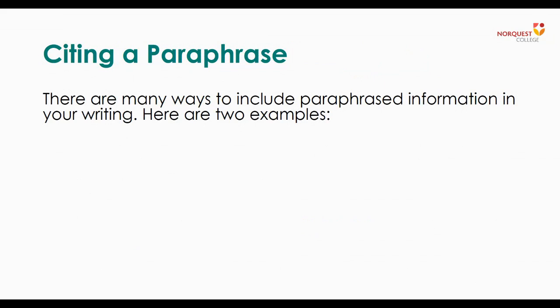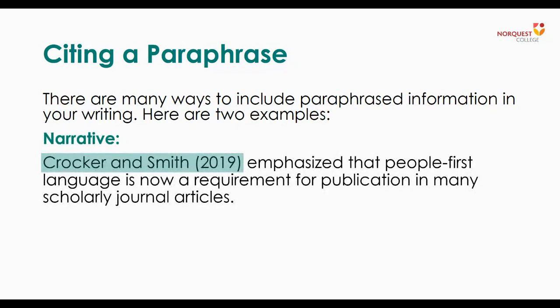As for how you can include that author and date information, you have some flexibility in terms of how you want to put those author names and the date into your paraphrase sentence. So here are 2 examples for how you can do that. The first way is to include the information in a narrative style.